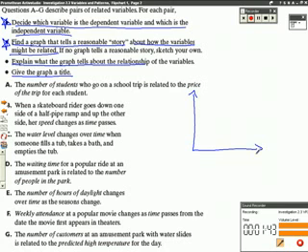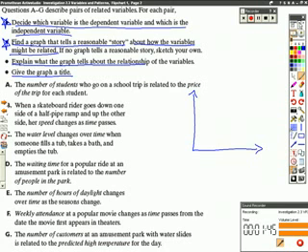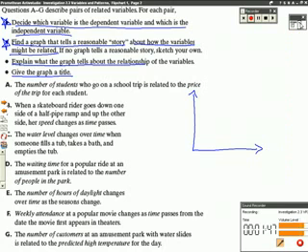A: the number of students who go on a school trip is related to the price of the trip. You'll notice that they italicized certain words because those are our variables. So the variables are number of students and price of the trip.